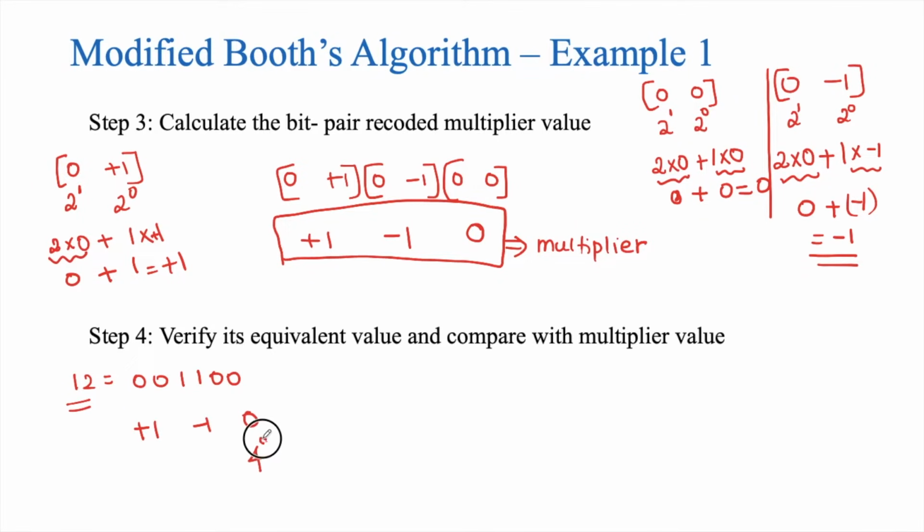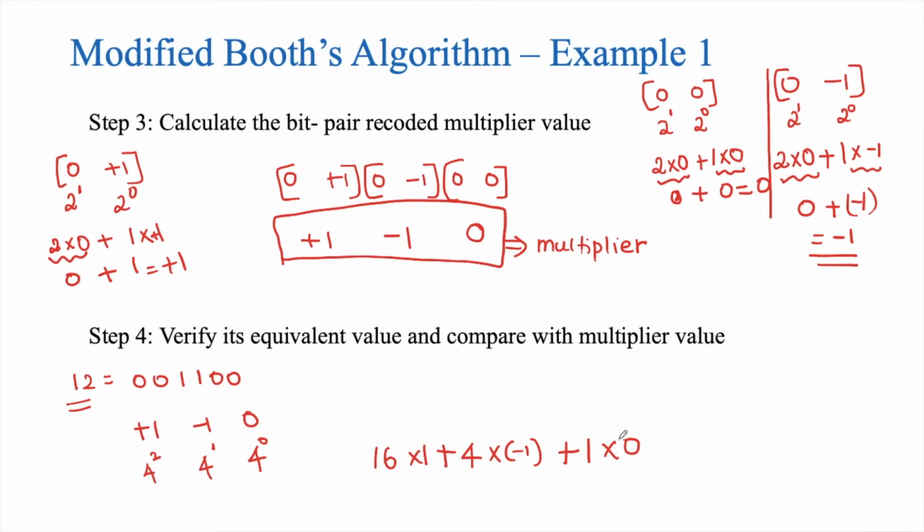Therefore we have to write it as 4 power 0, 4 power 1, 4 power 2. Okay. So what is 4 power 2? It is 16. 16 into 1. Plus, what is 4 power 1? It is 4 into, what is the value here? It is minus 1. Plus, 4 power 0 means 1.